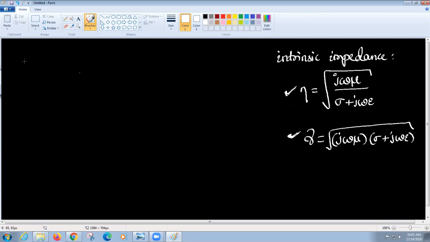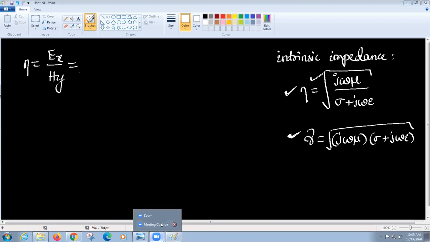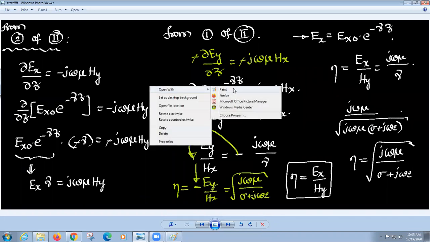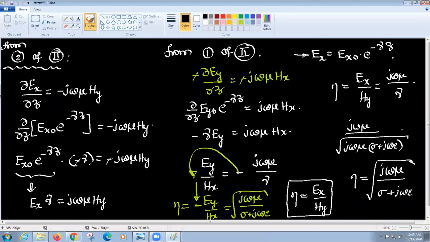We got eta is equal to Ex by Hy, and with this Ex by Hy, we obtained this. If you focus here, we took Maxwell's equation 2 of 2.